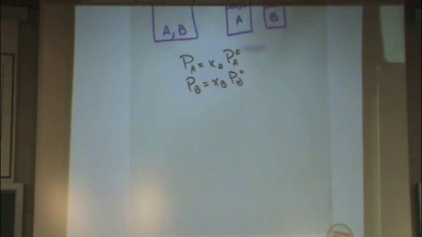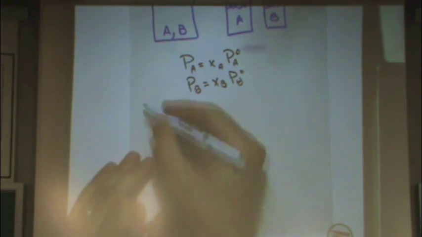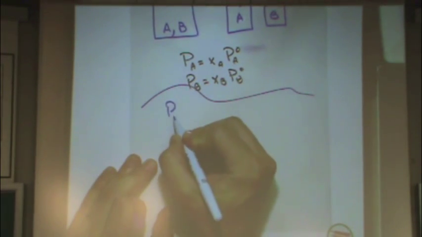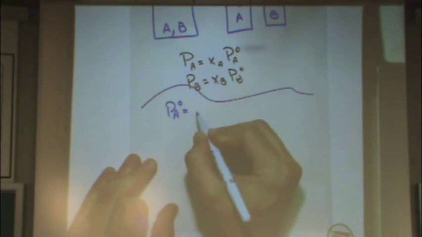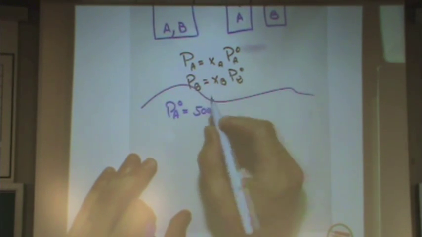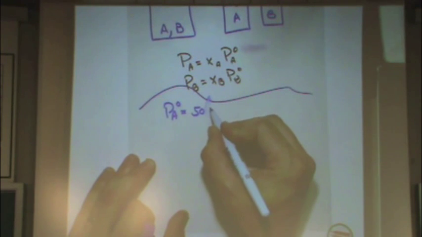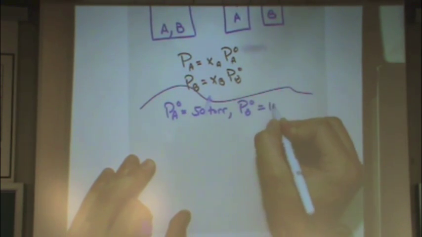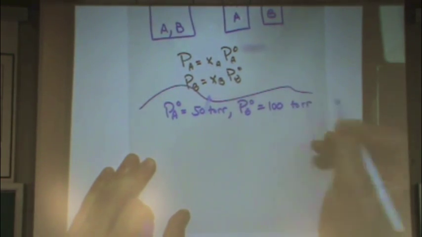All right, a sample question. Let's see if I can make something up that might work. Let's say we give you PA naught is 550 torr, and PB naught is 100 torr.